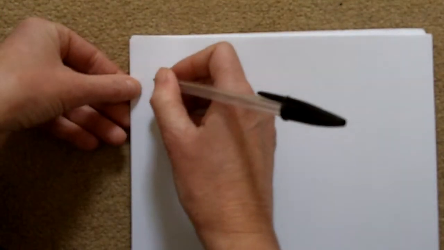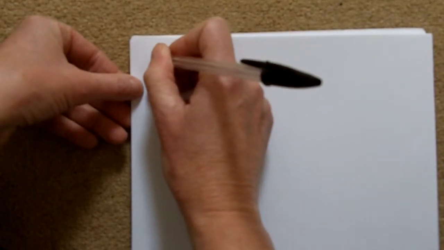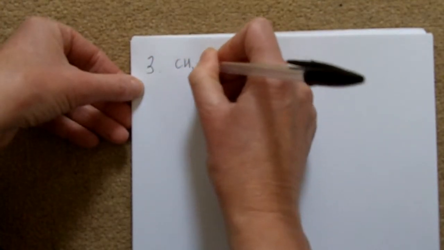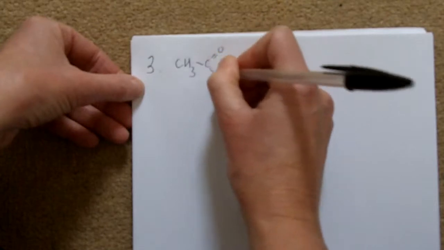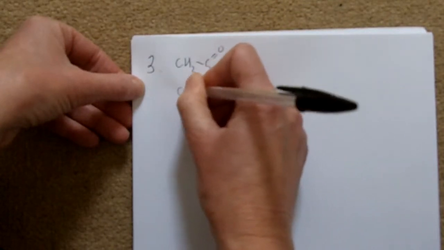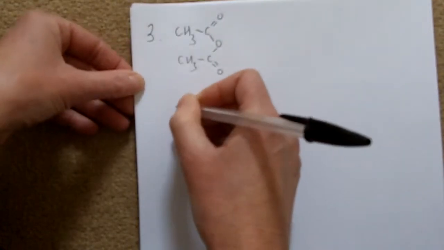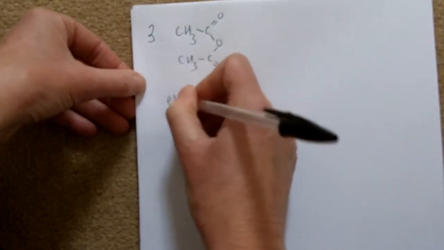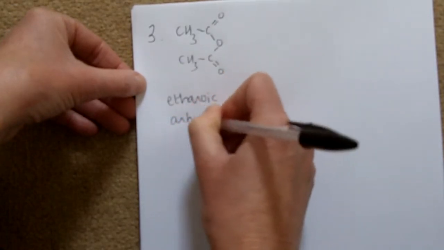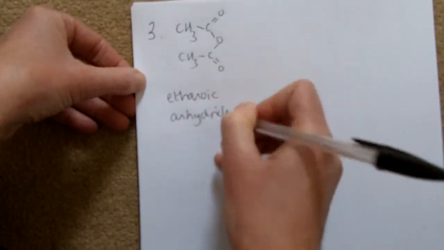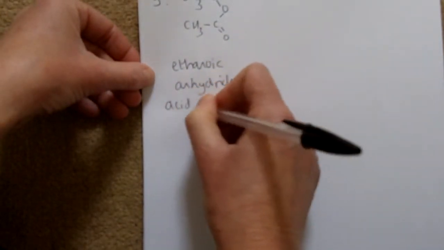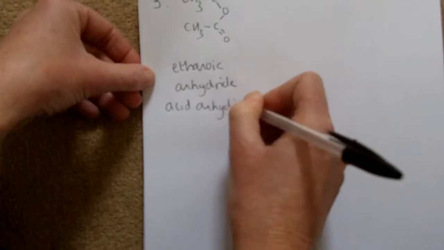If you take, for example, the anhydride, this is called ethanoic anhydride. The functional group is called acid anhydride.